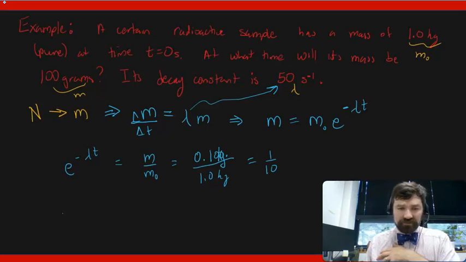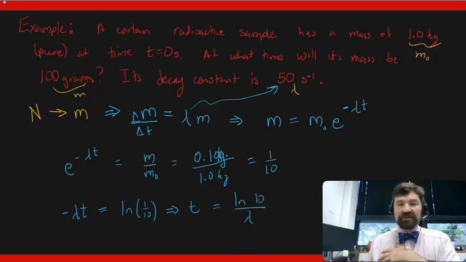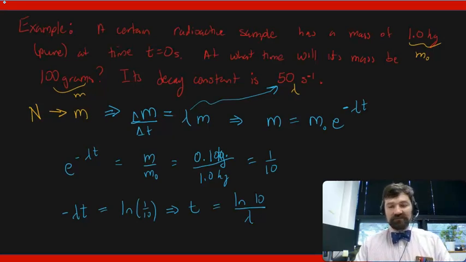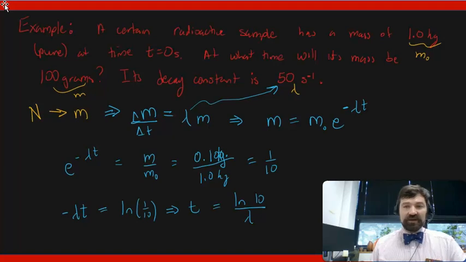And so negative lambda t is equal to the natural log of 1/10, or in other words, t is equal to the natural log of 10 divided by lambda. Alright, so we would just take the natural log of 10, which is 2.3, and then we have to divide that by this rate of decay.